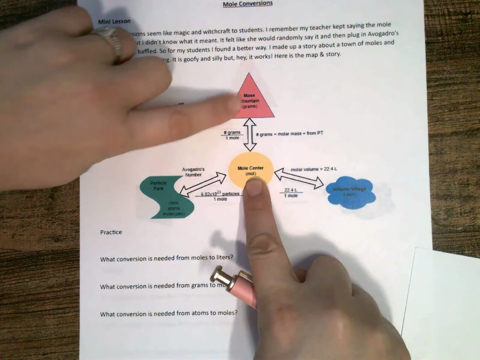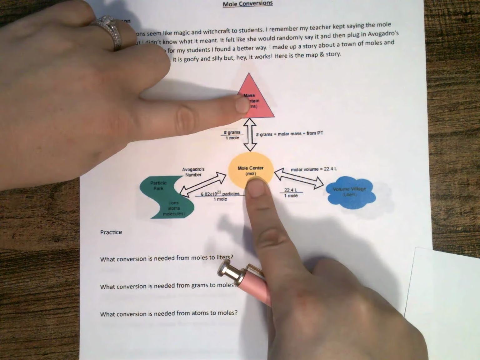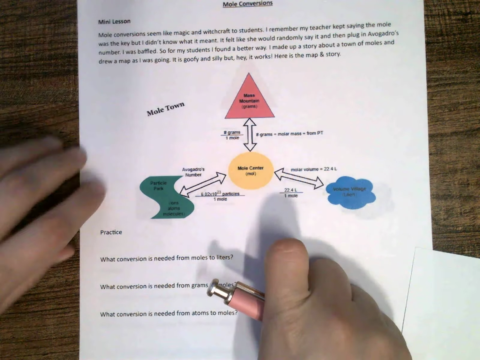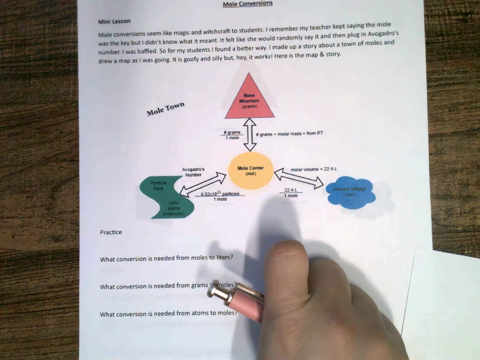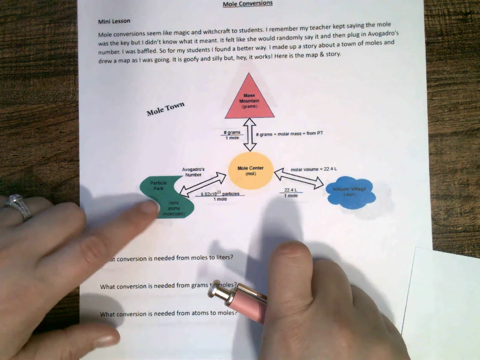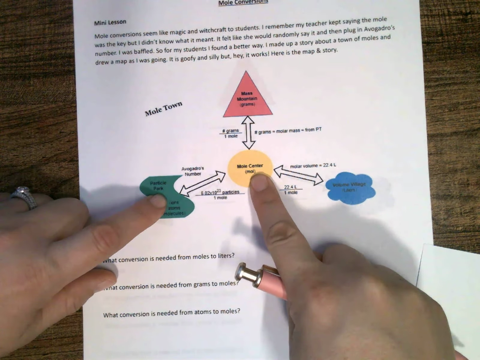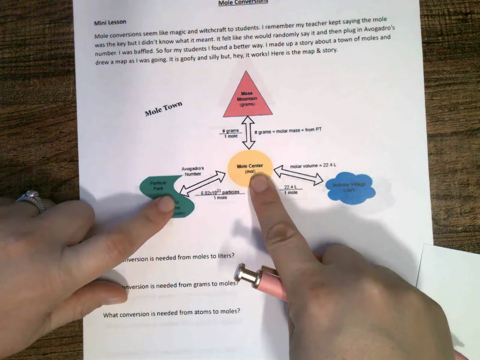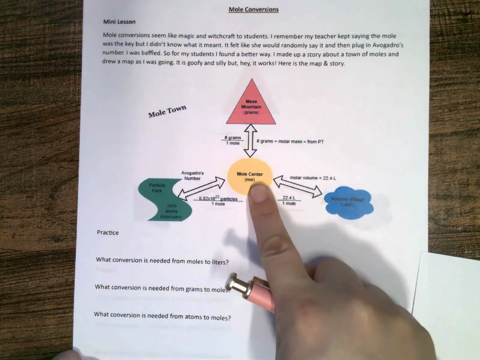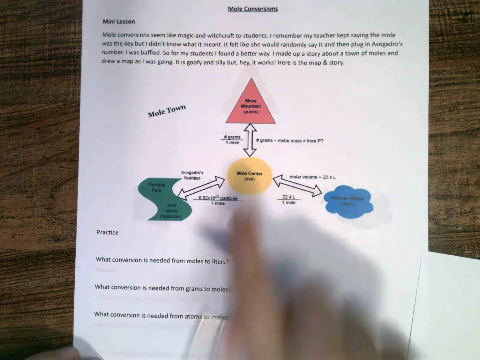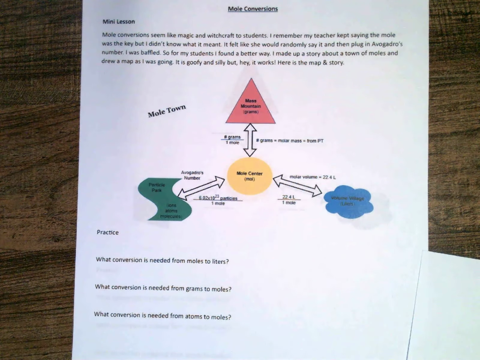Well, number of grams per mole. Okay. And then, well, what about if I'm going from atoms? Where are atoms on my chart? Where am I looking on my map for atoms? Oh, they are in Particle Park. They're over here. And then if I'm going from atoms to moles, well, what's my conversion I need to get there? Avogadro's number. So we practice using our tool, and then we get into doing our conversions.